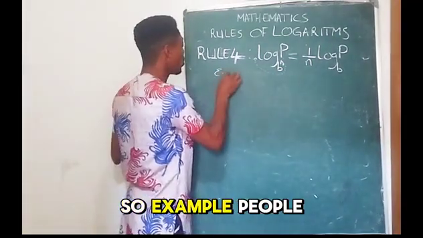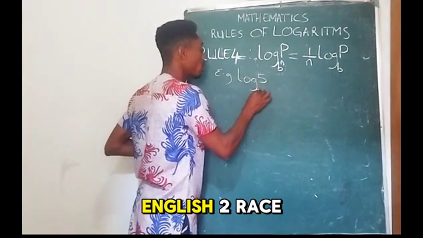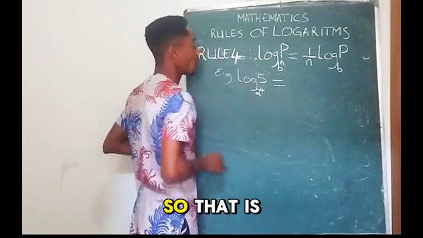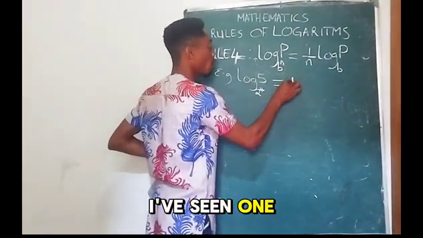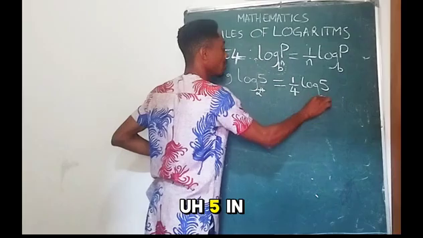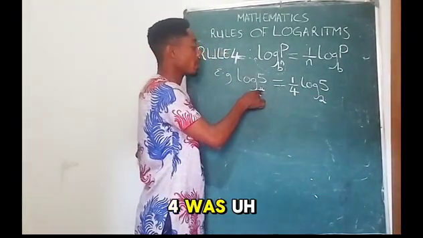So example, if I'm looking at log 5 in base 2 raised to the power of 4, that is the same thing as saying 1 all over 4 log 5 in base 2, because the power of 4 was on the base.